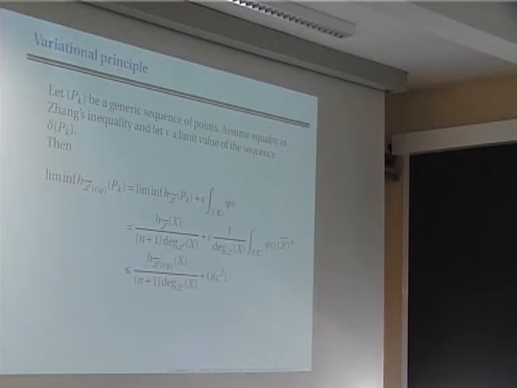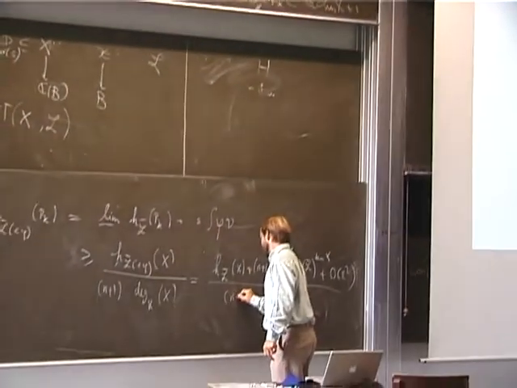On the other side, it's at least equal, by Zhang's inequality, to h L bar of epsilon phi of X divided by n plus 1 degree of X. On the denominator, the degree does not change because I've not changed the line model, I've only changed the metric. And so this is equal to h L bar of X plus n plus 1 epsilon integral of phi c1 of L bar to the power dim X, plus some error term, which is small, divided by n plus 1 degree.